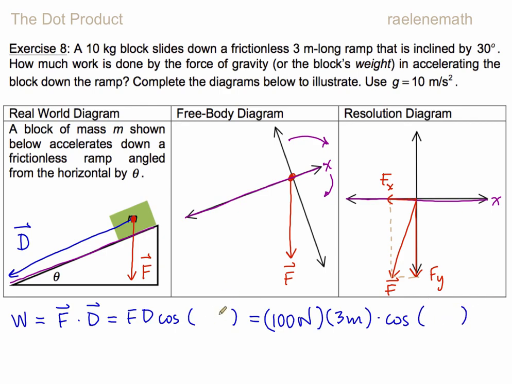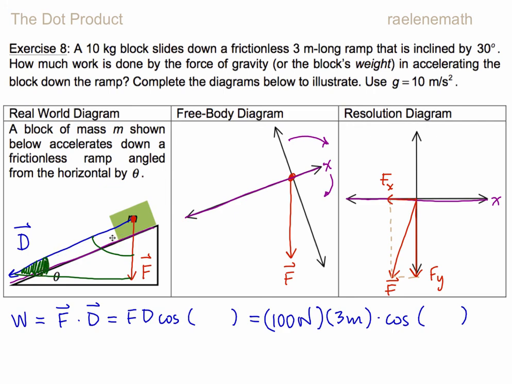Now, I've specifically not put theta in here as part of the formula, even though theta was given here, because the theta from the formula represents the angle between the displacement and the force vectors, and that angle is specifically up here. If we were to create a right triangle out of these two vectors, we would get two similar triangles, and therefore we would see that the theta is actually a measure of the angle of inclination at the bottom left-hand corner.